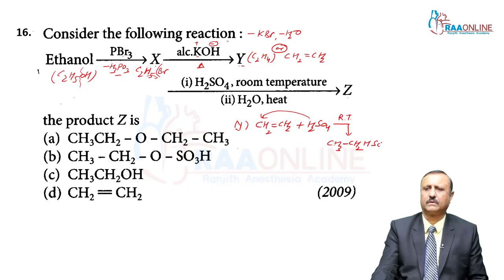This compound is called ethyl hydrogen sulfate, and this compound is formed at room temperature.